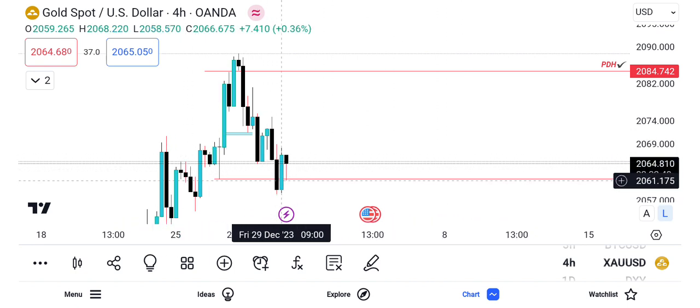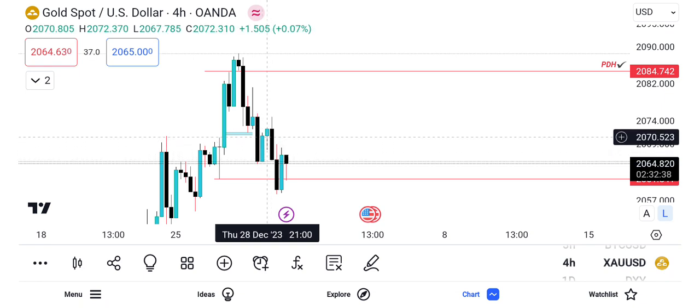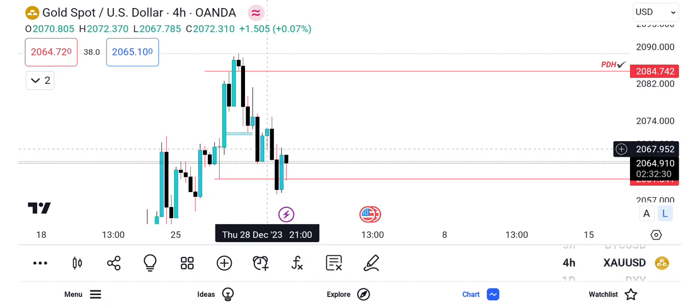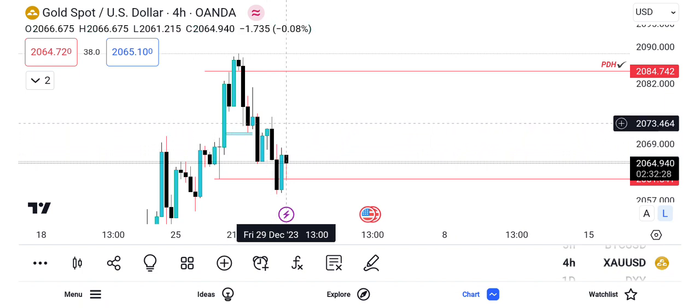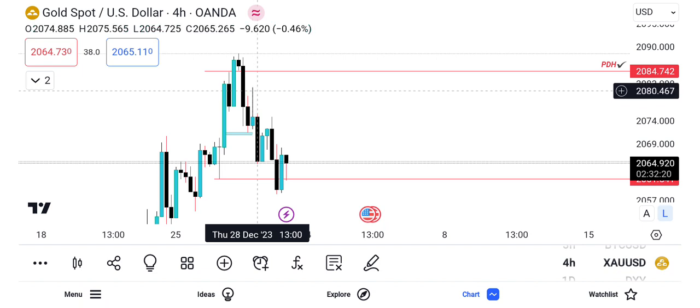You can see today's candles, this one, this one, this one, so far. I had seen this candle form, this 21 on Thursday 9 p.m. This candle had already formed and closed. What made me bearish was the order flow here from yesterday.